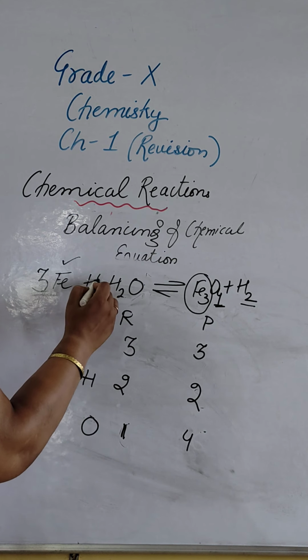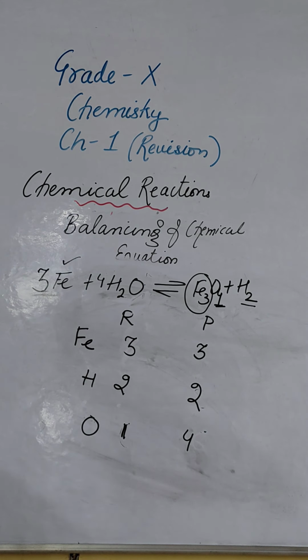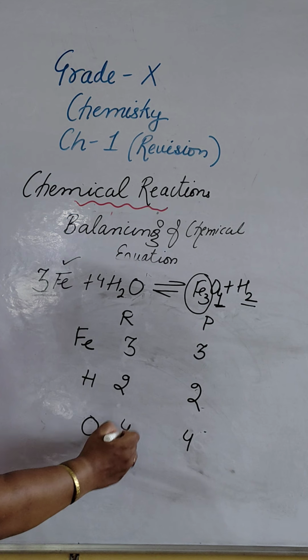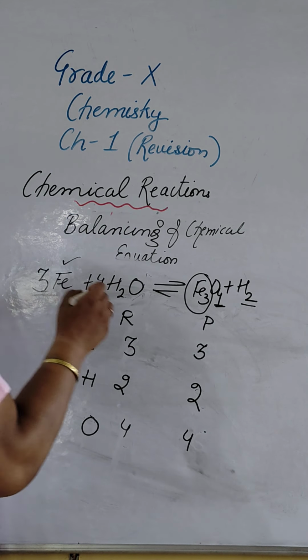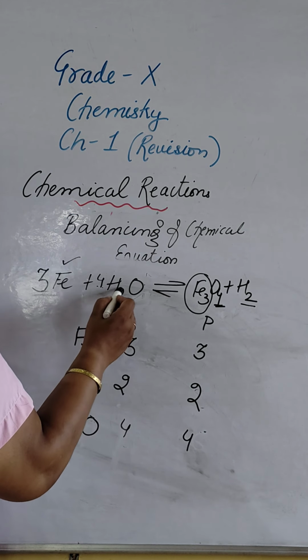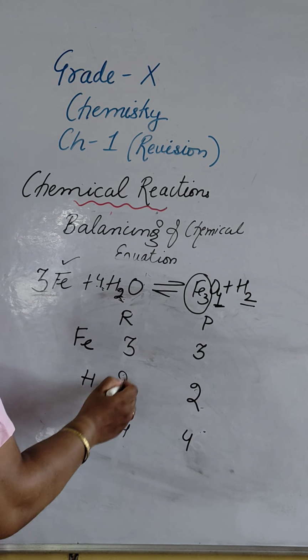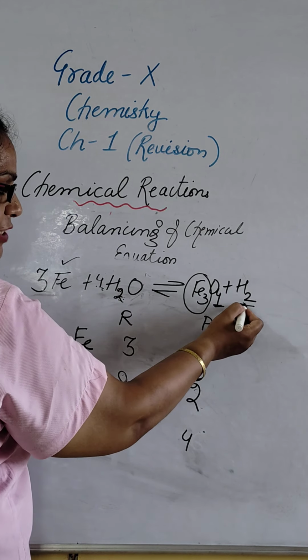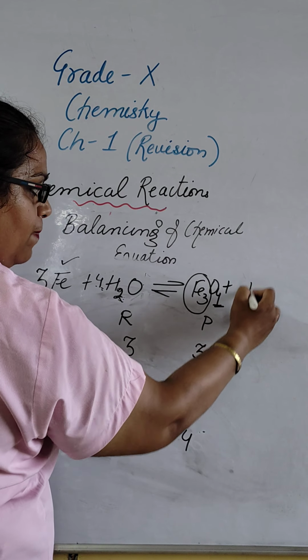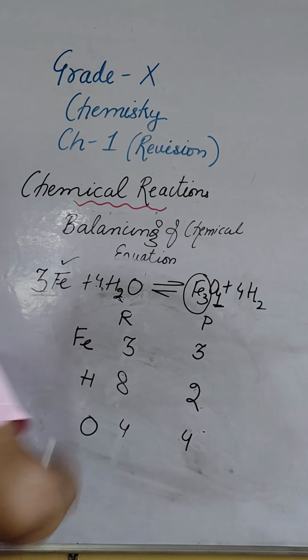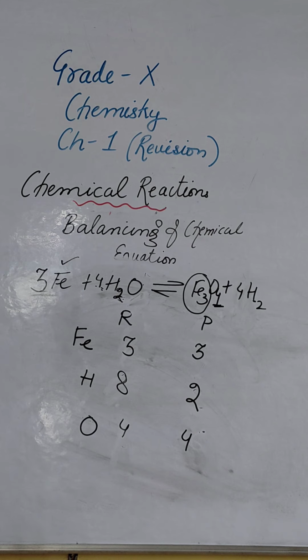So if I write 4 here, now oxygen will be balanced, but hydrogen will become more. So it will be 8. So how can I change it into 8? H2. Can I put 4 here? Yes. So now the equation is balanced.